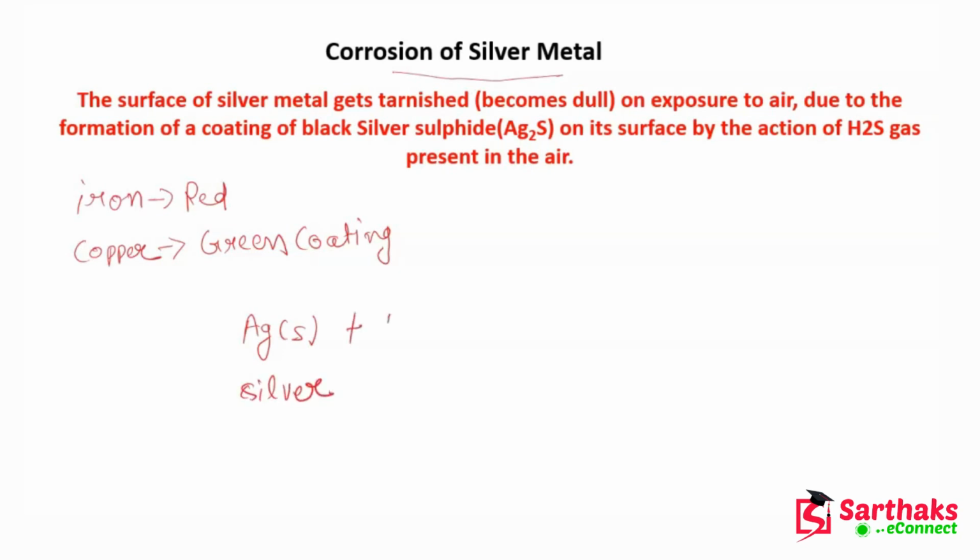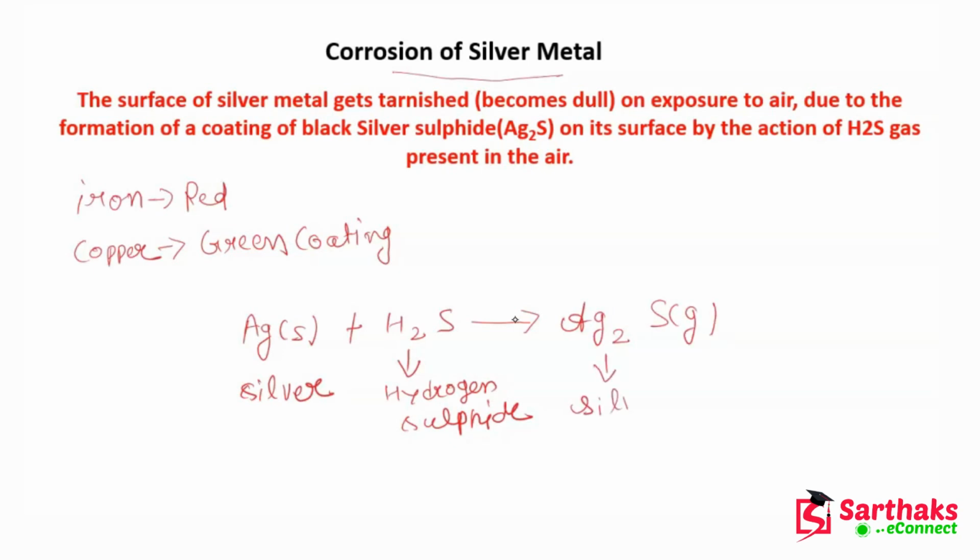When this reacts with hydrogen sulfide, and these two react, then they will form silver sulfide. They will form what? Silver sulfide. This is silver sulfide.